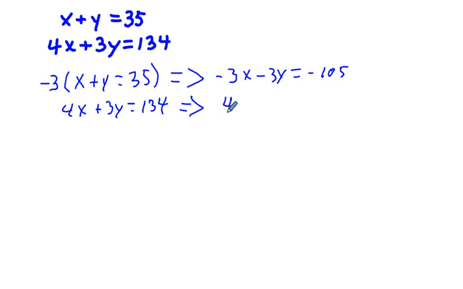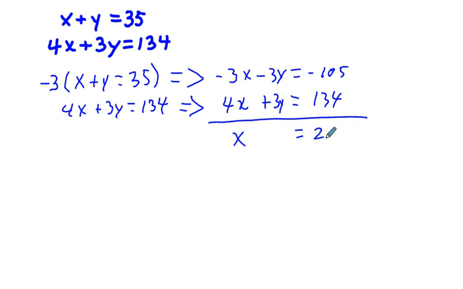So we have 4x plus 3y equals 134. And so when we add these two equations together, we get -3x plus 4x is x, -3y plus 3y is 0, and we have -105 plus 134 is 29. So x equals 29.